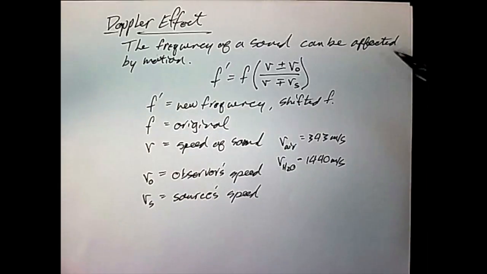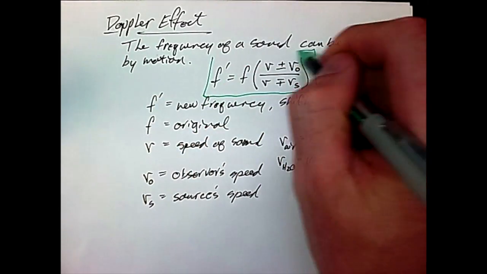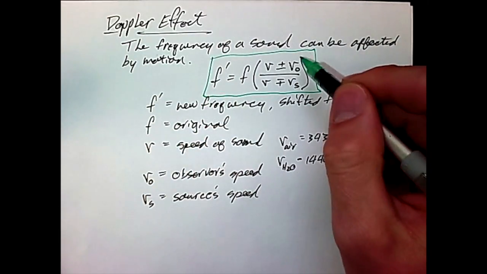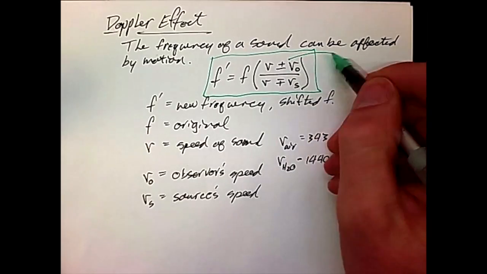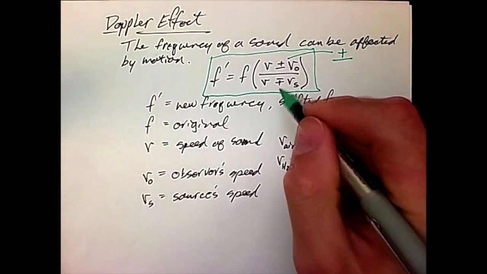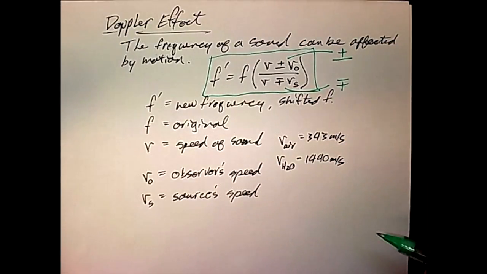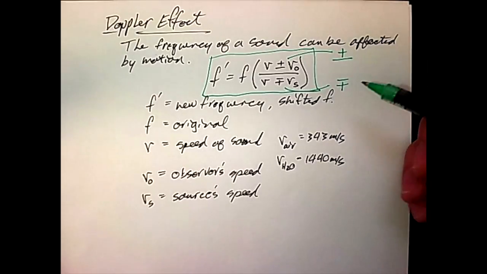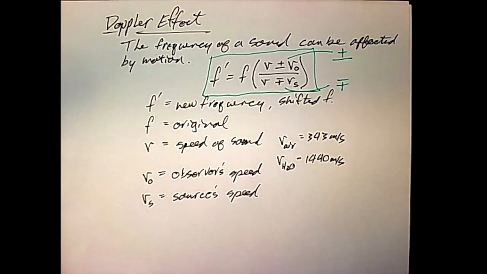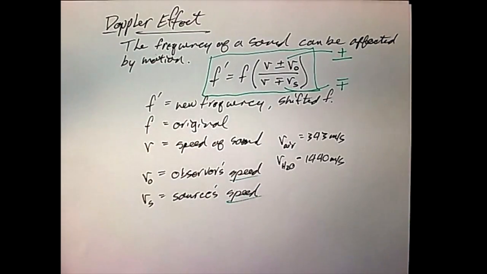Keeping track of these terms, this formula has functionality for any and all possibilities by combining some interesting notation here with the signs. If you note, on top it's plus, minus, and on bottom it's minus, plus, and that is very on purpose. In this case, it's important to remember that not only does the speed matter, the overall magnitude of the speed, but also the direction.